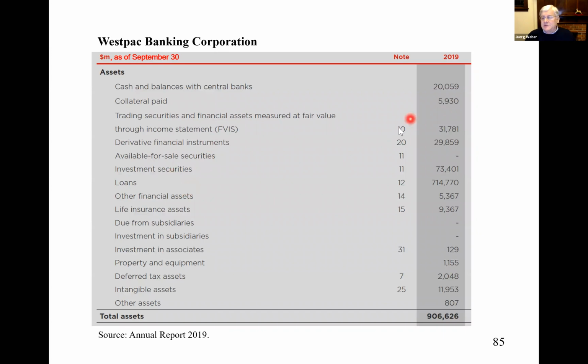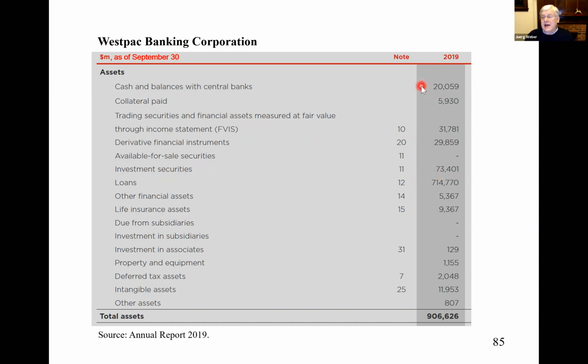The biggest item is the loans. We also here have some security holdings. They are also pretty big. Those are actually bond holdings. So maybe here Westpac has bought government bonds. But the loans to households and to business firms are much bigger.